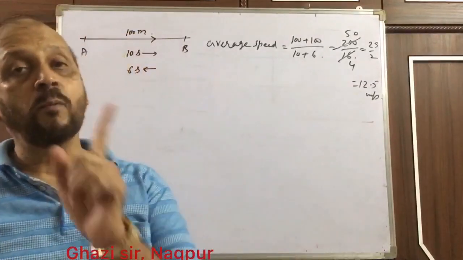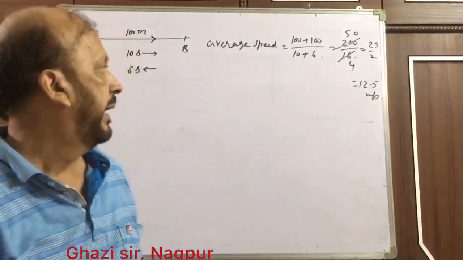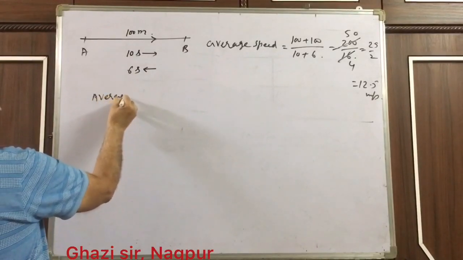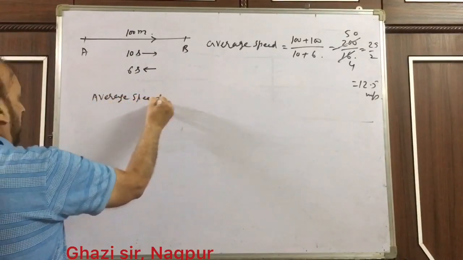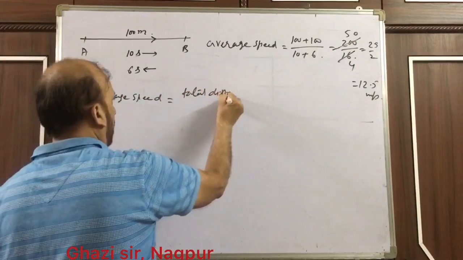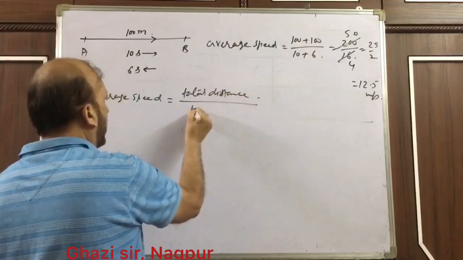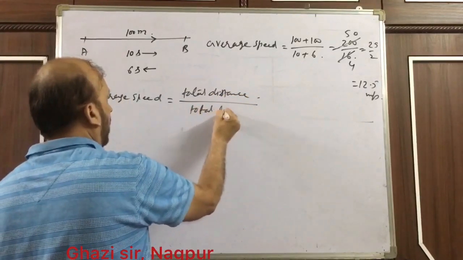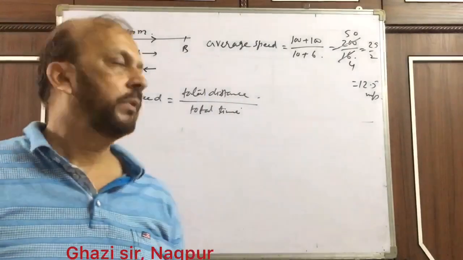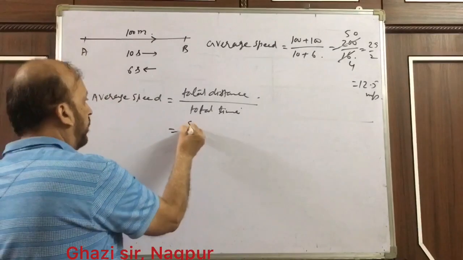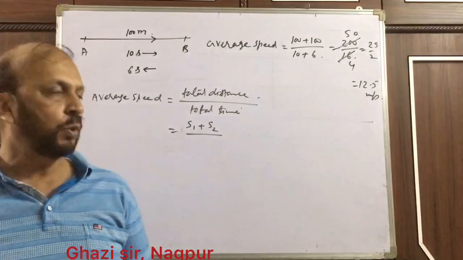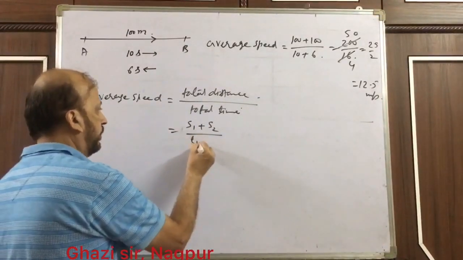Or we can obtain one more formula here. Average speed is total distance upon total time. Suppose to and fro S1 plus S2 upon total time T1 plus T2.